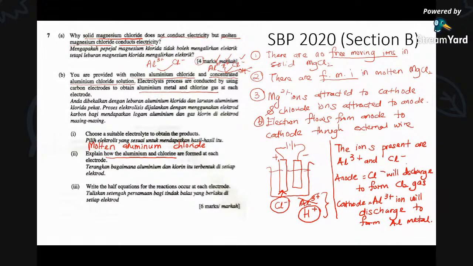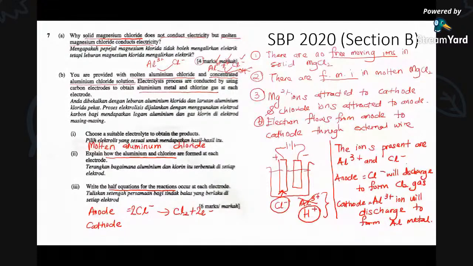Next, write the half equation for the reaction. So write down the anode and also the cathode. For the anode, 2Cl- becomes Cl2. Balance the chlorine, then add electrons on the right hand side because you want to balance the charge.